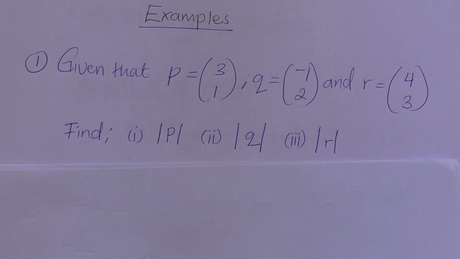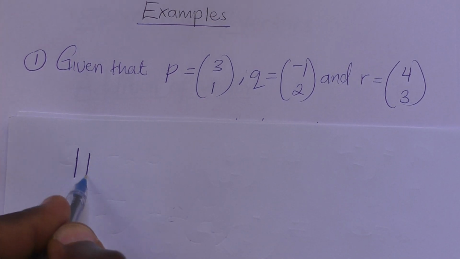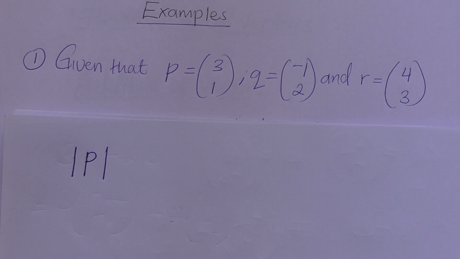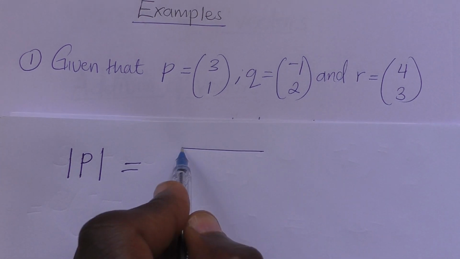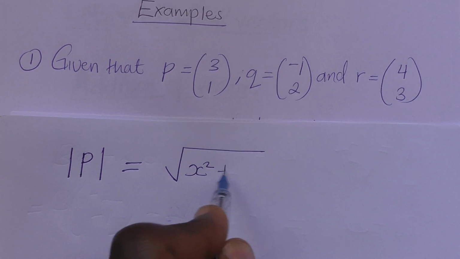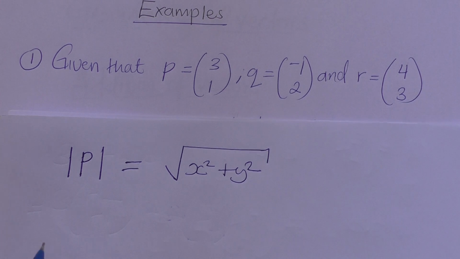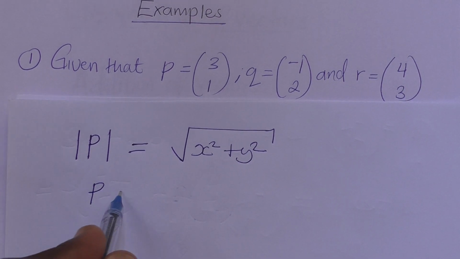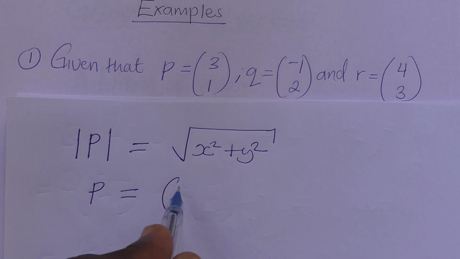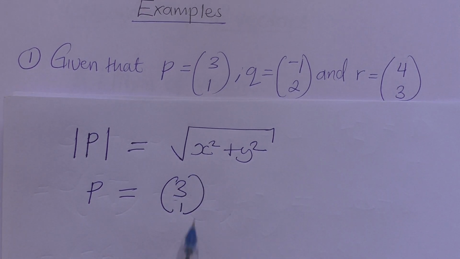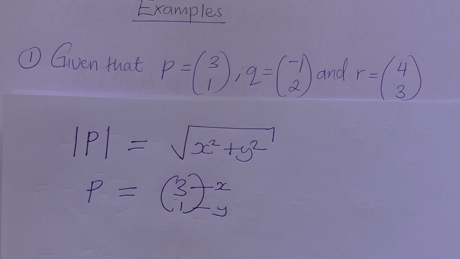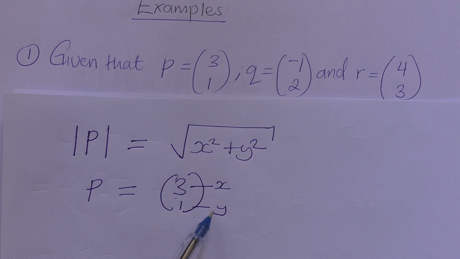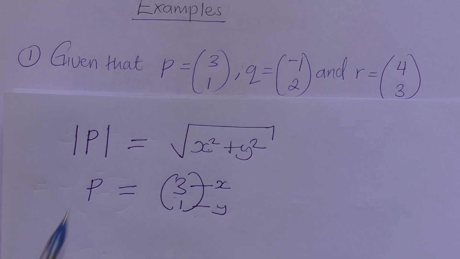They want us to find the magnitude of P, but we've derived the formula for magnitude, which was the square root of x squared plus y squared. And now the position vector of P is (3, 1). The first one shows x, the next one shows the y coordinate. Therefore, it's a matter of just substituting in the formula for magnitude.